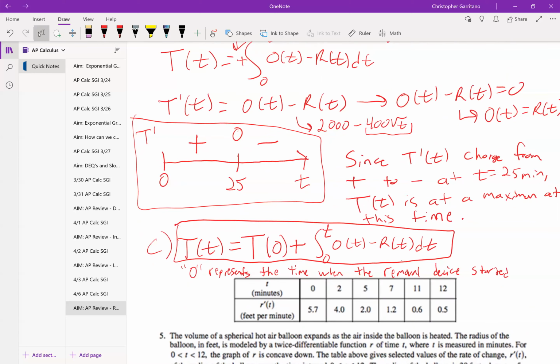All right, so that's part C. The total amount of oil is equal to the initial amount of oil plus the net change in the size of the pile. And remember, that size of the pile is just the difference in the rate in and the rate out over some interval of time. Okay, hopefully that makes sense.